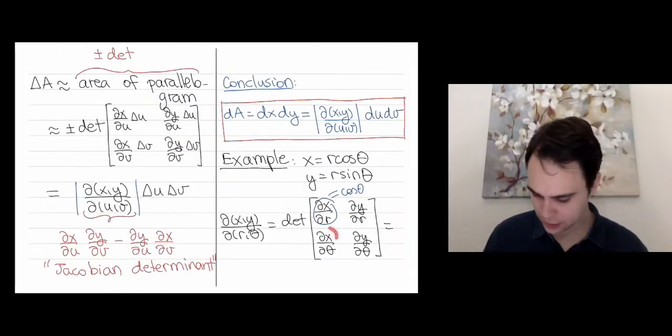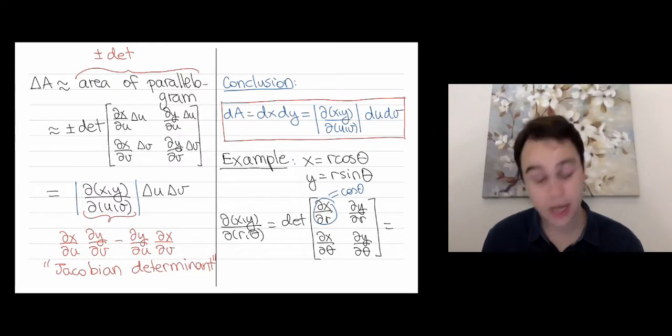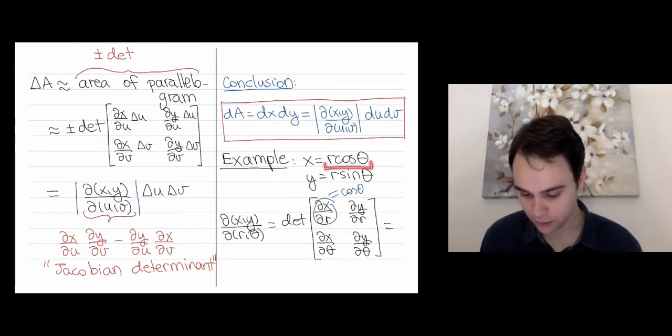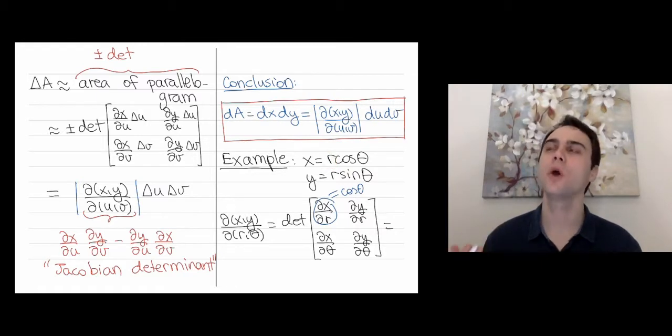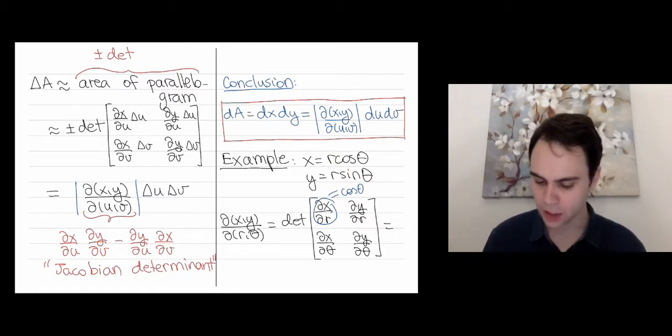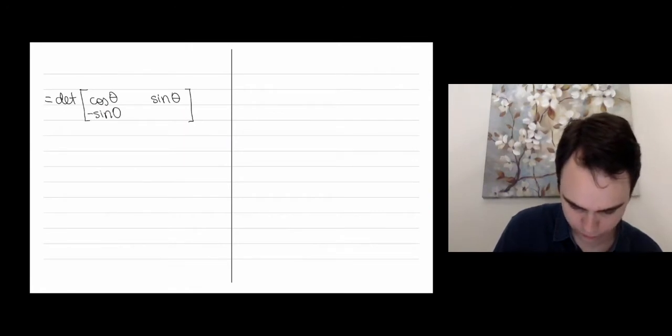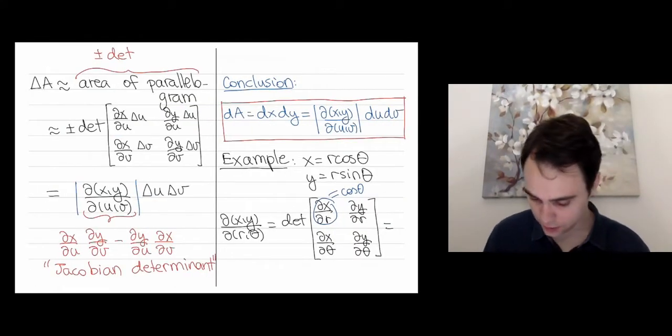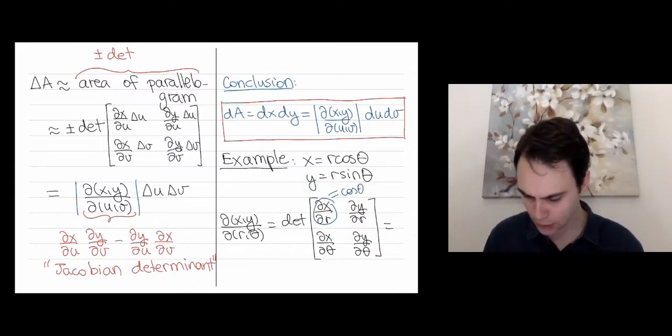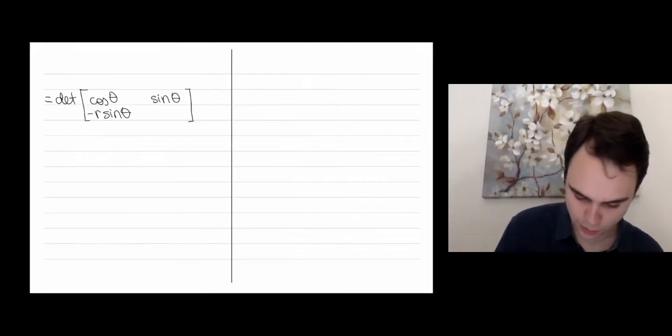Now let's look down here, dx/d theta. As far as the theta partial is concerned, r is a constant. The derivative of cosine is minus sine, so I get minus r sine theta. And finally here, dy/d theta is r cosine theta.